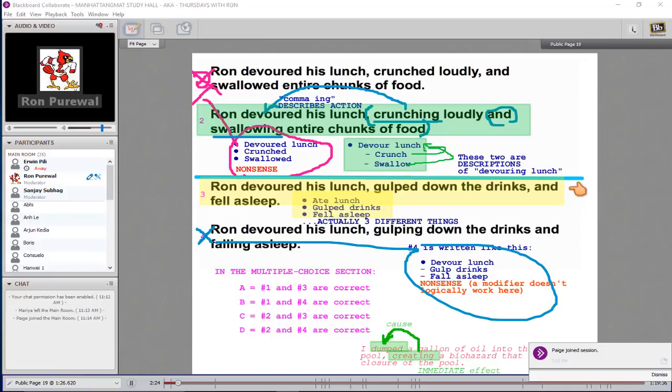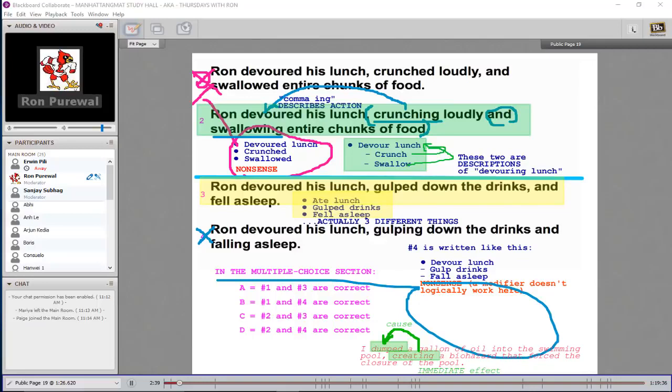And of these two, number 3 is correct, number 4 is wrong. The explanations are on the board. I don't know why they had these strange symbols next to them, but these are just supposed to be dashes. Let me convert these up here into dashes.